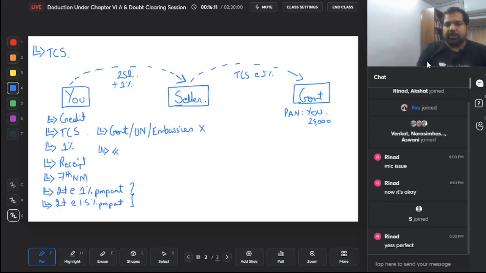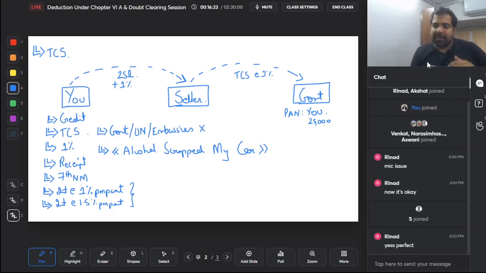First of all, TCS is only on these things. The shortcut is alcohol, scrap, minerals, and my car. Obviously, this is a shortcut, so it doesn't have to make any sense. But if you want to make some sense, if you drink alcohol and you drive, the alcohol might scrap your car or might damage your car. So what are you selling? You are selling alcohol.